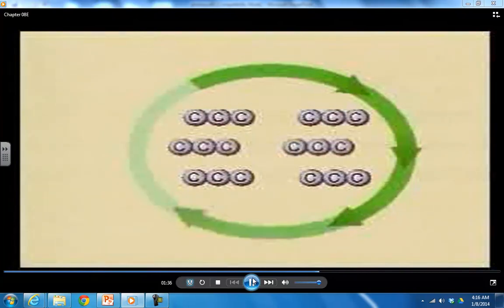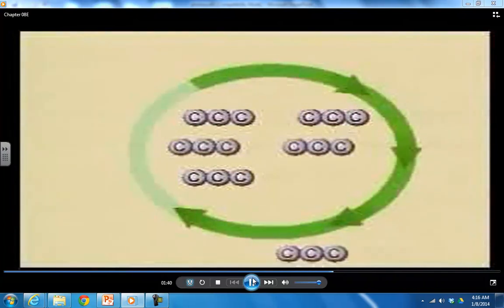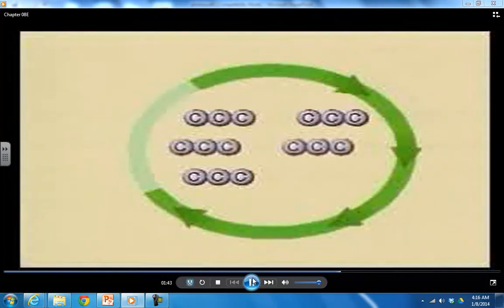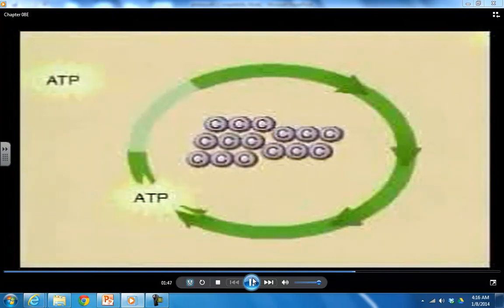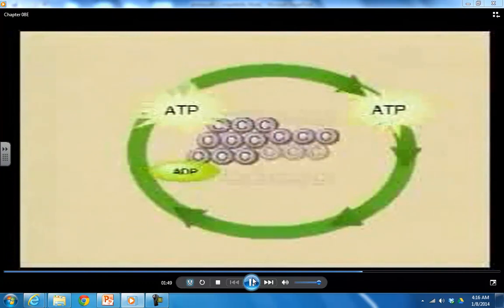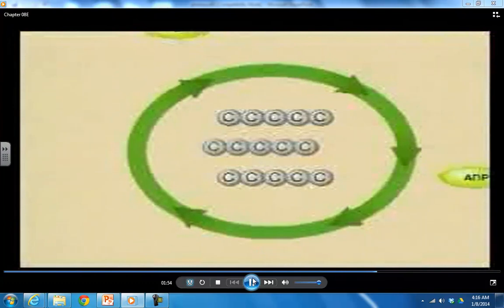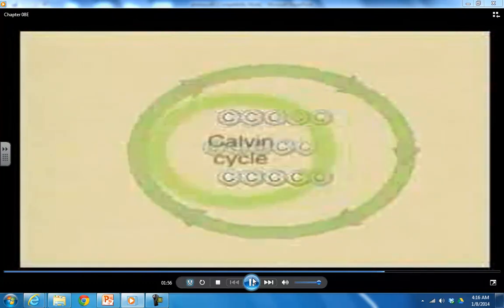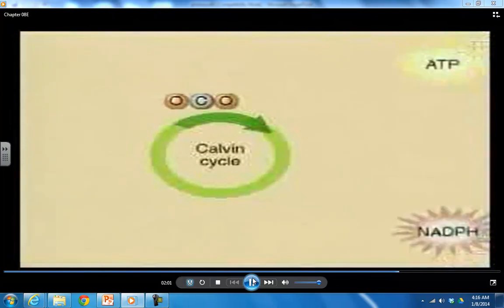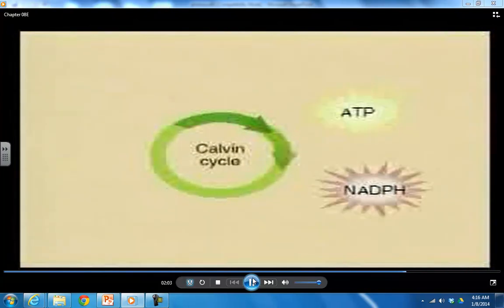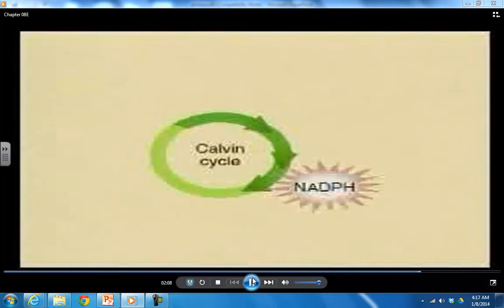Of the 6 PGALs formed, 5 remain in the Calvin cycle while 1 exits. As the cycle continues, the 5 PGALs rearrange back into 3 molecules of 5-carbon RuBP. This requires 3 more ATPs. Each turn of the Calvin cycle, the 5-carbon RuBPs accept carbon dioxide molecules. 6 new PGALs form at the cost of ATPs and NADPHs.